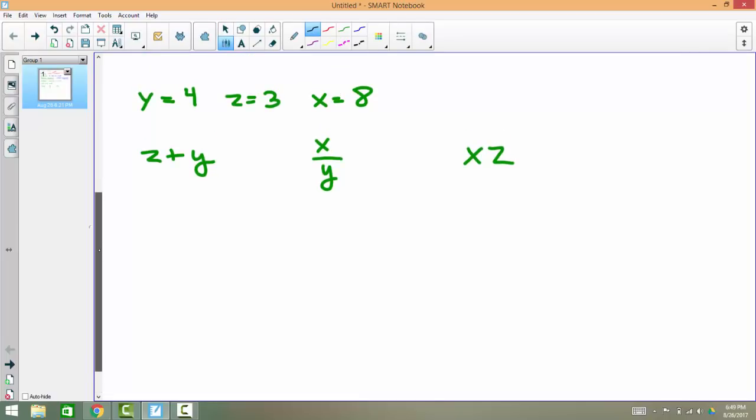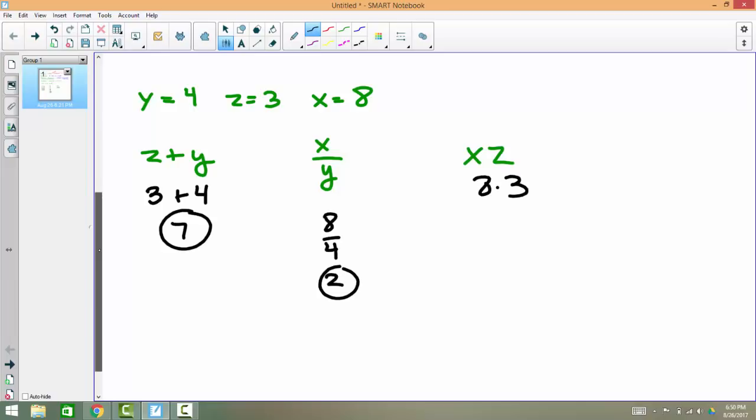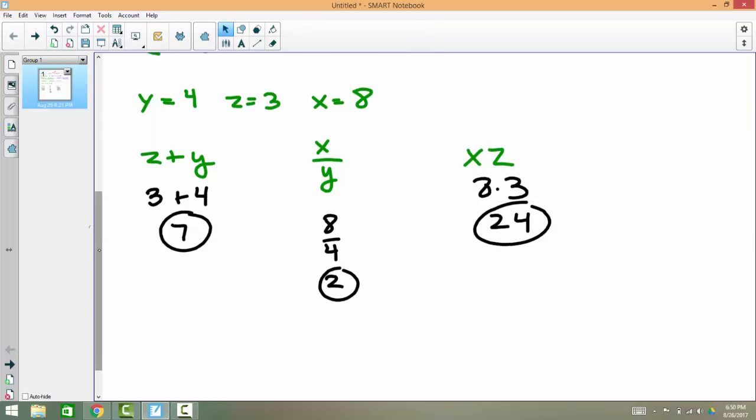All right, for the first one, hopefully you did 3 plus 4, which is 7. For the second one, you should have had 8 over 4, which is 2. And for the third one, 8 times 3, which is 24. So in this, you have variables, which is letters. You plugged in constants, the known number for it.